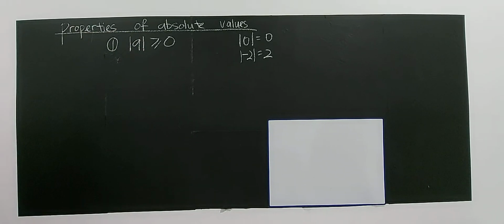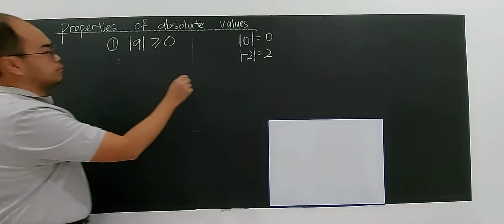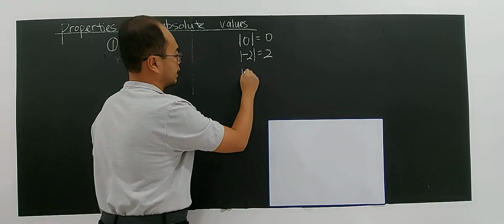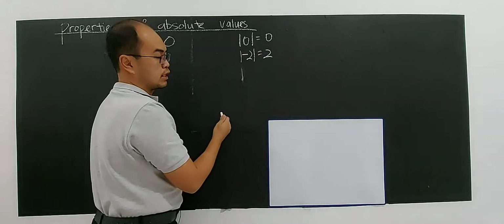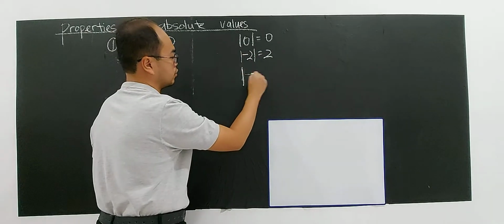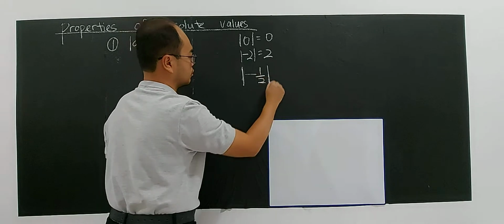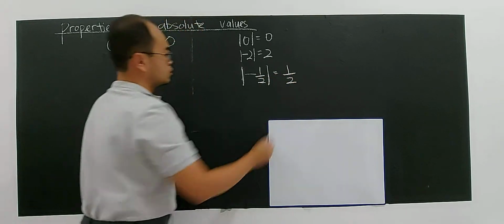So, if you have a negative number, the modulus of negative 2 will give you 2. If you take the modulus of negative 1 over 2, you will still get positive 1 over 2.